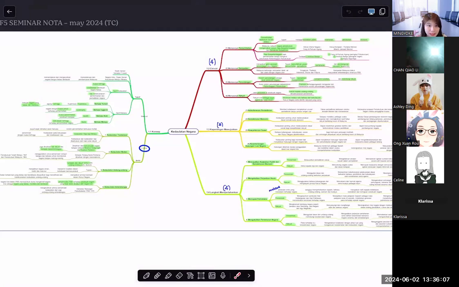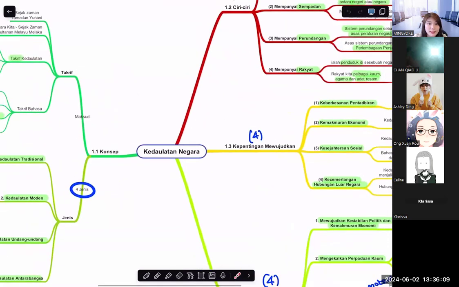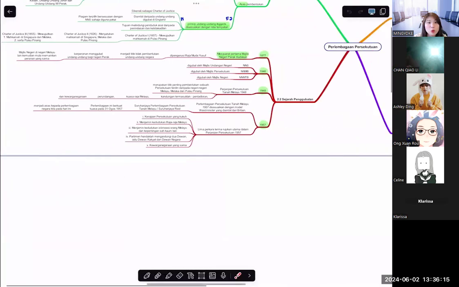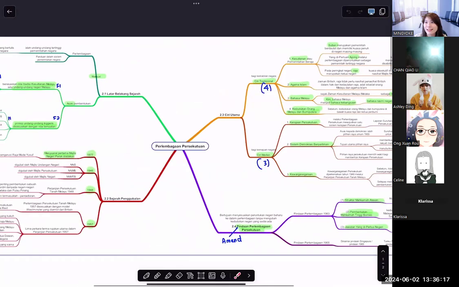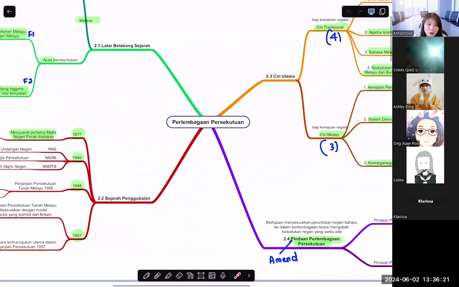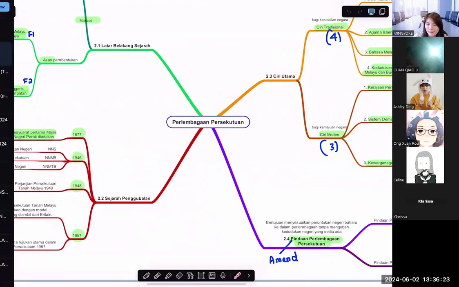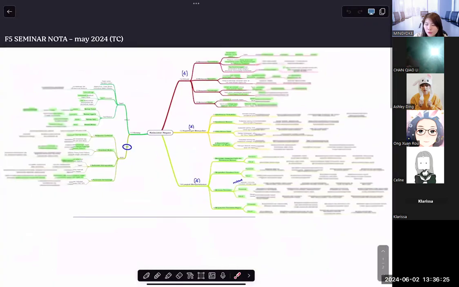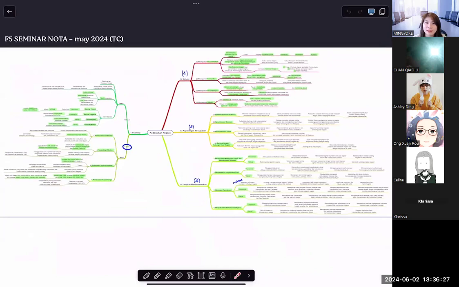Previously, if you downloaded it before, it only consisted of chapter 1. You need to go back and download another one, which is chapter 2, which I realized just now. Then I topped it up just now. So the whole thing is the mind map.